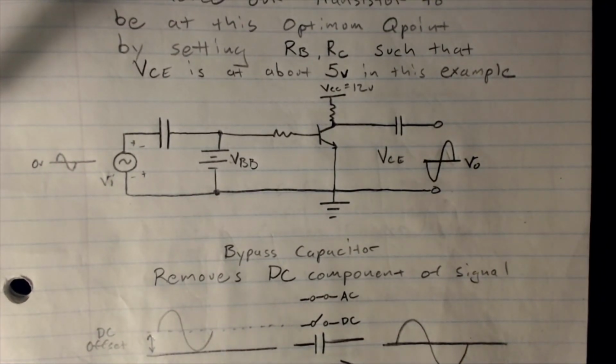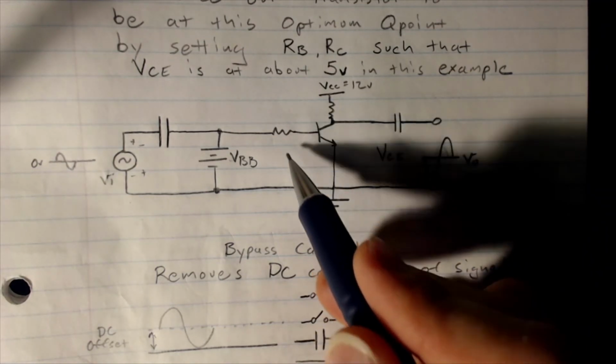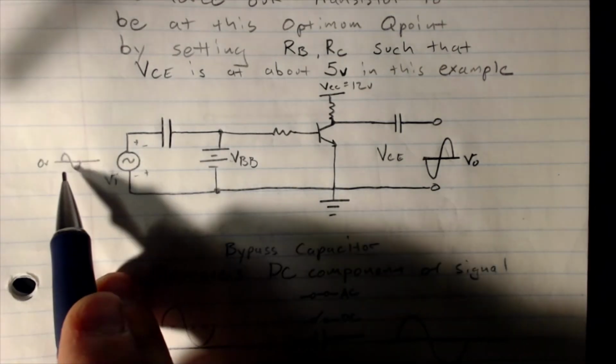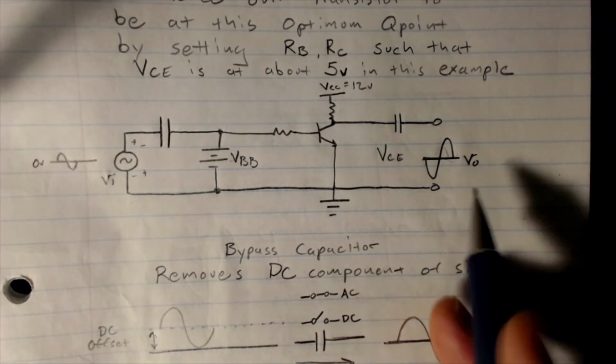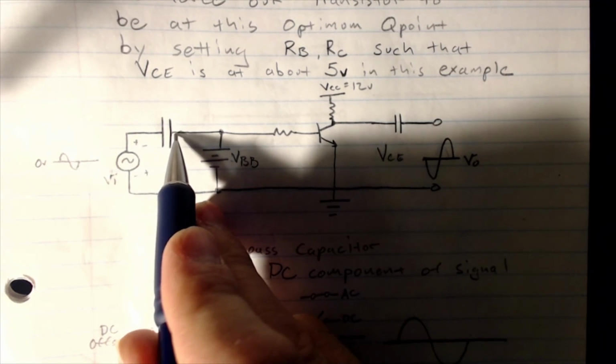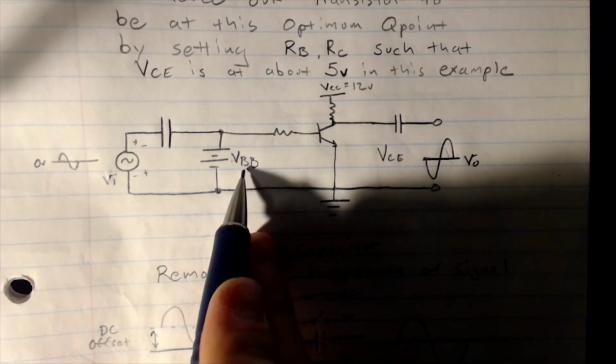Okay, so if we take our very simple base bias transistor circuit and we want to amplify a signal, take something small, make it larger, first we're going to put it through this cap to strip out the DC offset. We're going to give it our own DC offset, VBB.